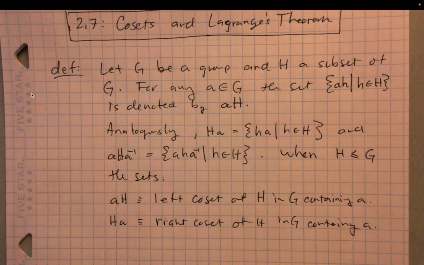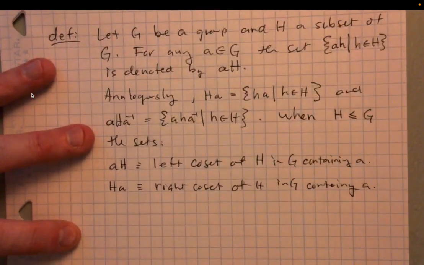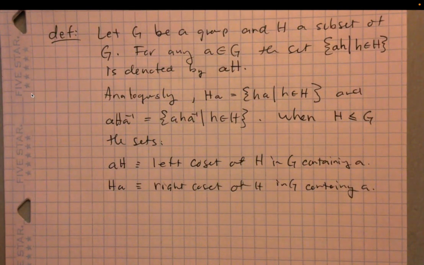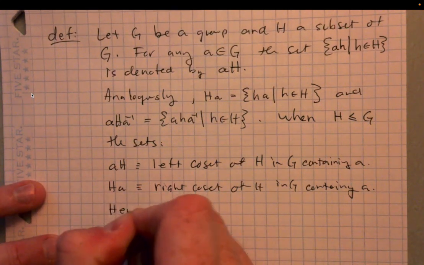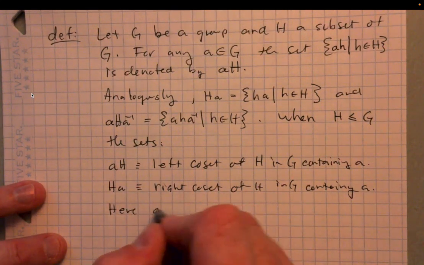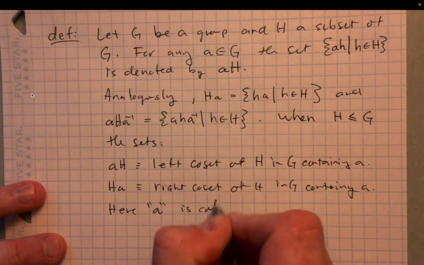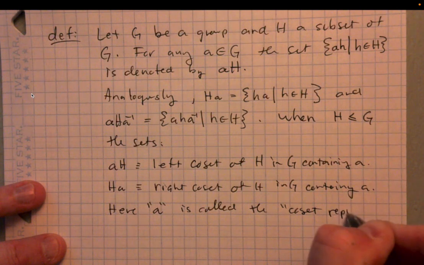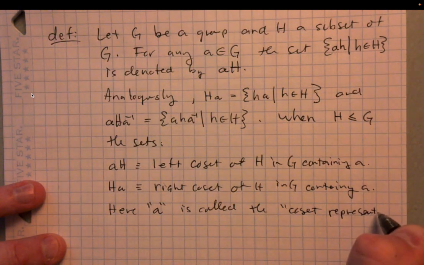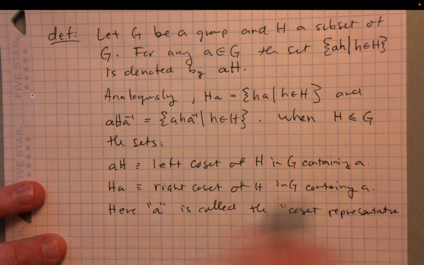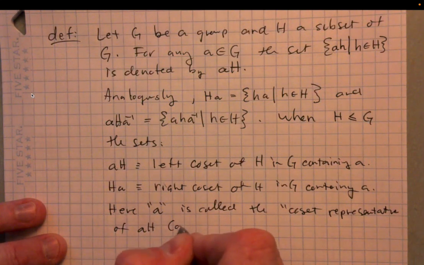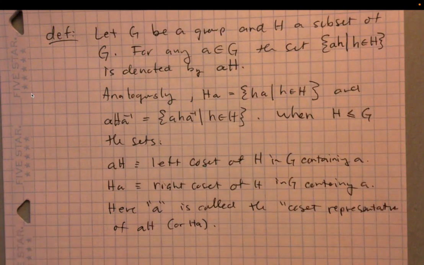In this kind of a definition, the element A is called the coset representative of AH or HA, depending on which one you're talking about, left or right.